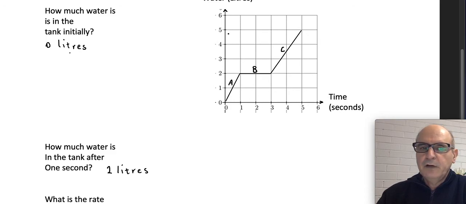So 5 liters for 5 seconds. That becomes 1 liter for each second. So the rate for the whole is 5 liters for 5 seconds, which becomes 1 liter per second.